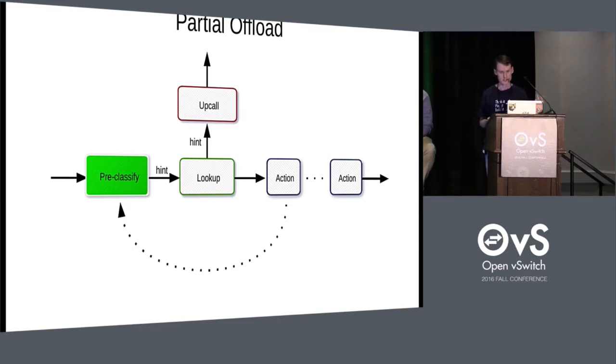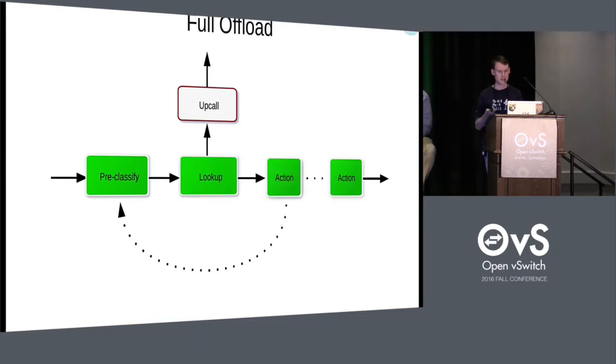This is this first expensive per packet overhead. And so if you can offload that to some piece of hardware that can do it more efficiently, then that will speed up the rest of the data path. And even if it just provides a hint to user space about the lookup, then it can be accelerated, it can go faster, and then quickly find the flow that it needs to execute, and will execute a set of actions.